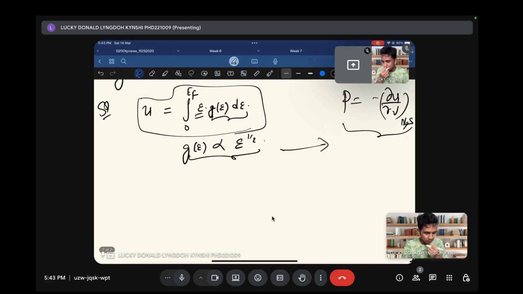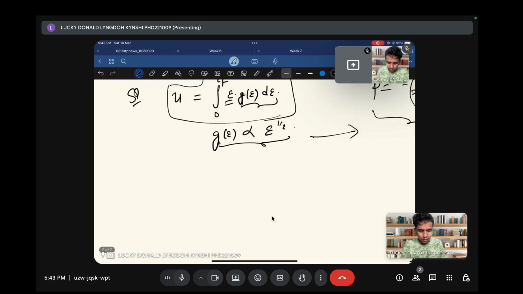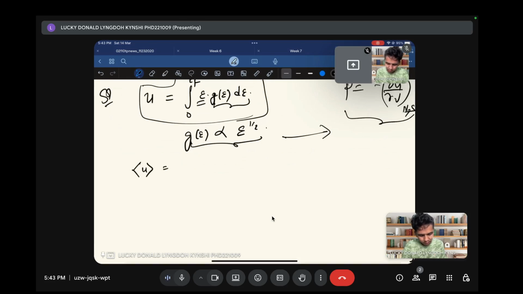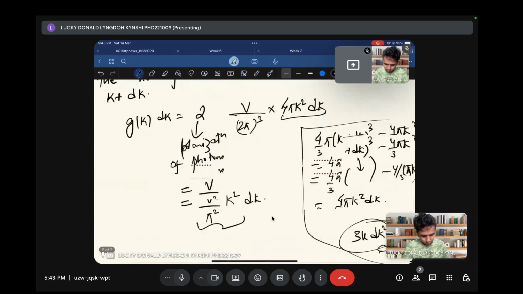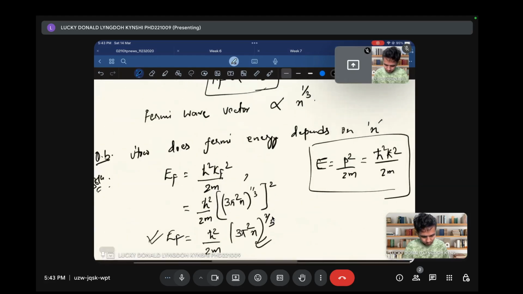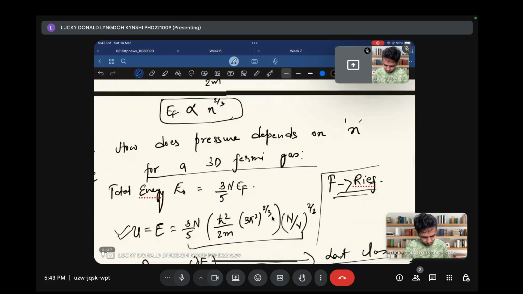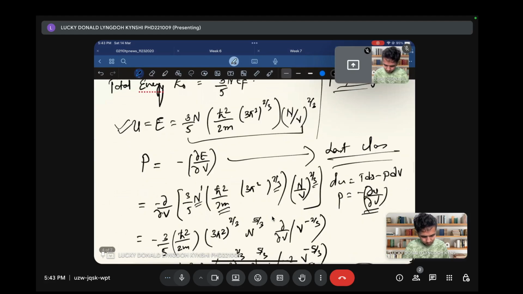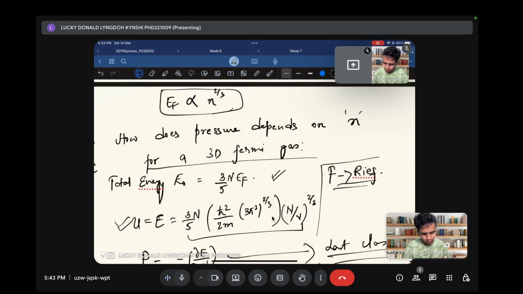Now I will just use the previous result, which says that your energy is 3 by 5 N EF. How do I get this energy? If you go back to the first problem, I'll just use this formula directly.